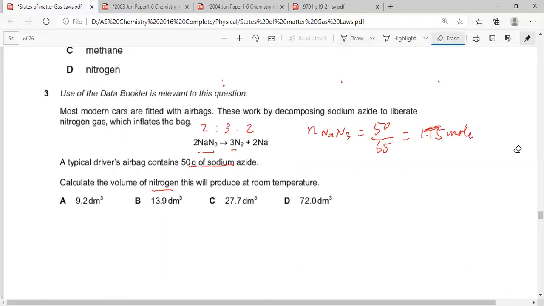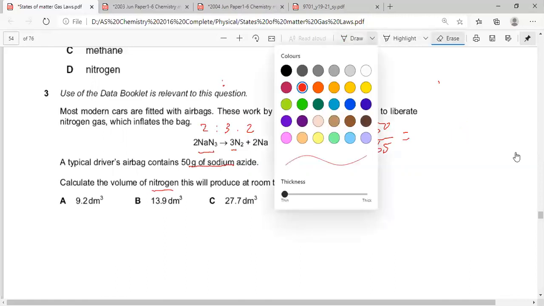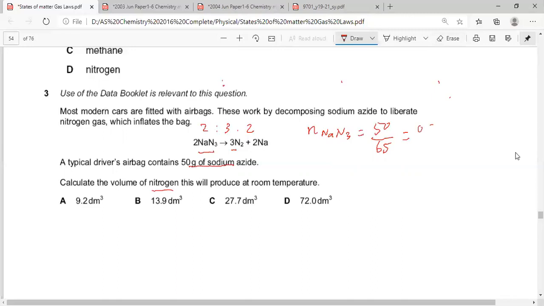This is what you do when you get hurried. Okay, now here it is 0.77 moles. So 2 moles give you 3 moles. 0.77 moles give you 1.15 moles of nitrogen.